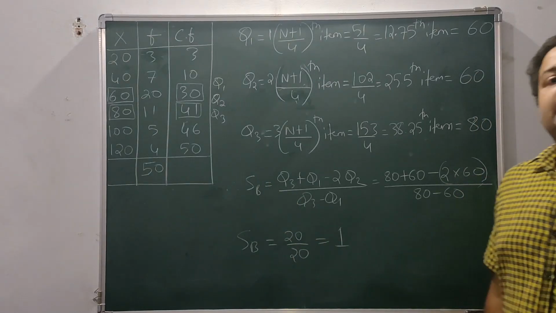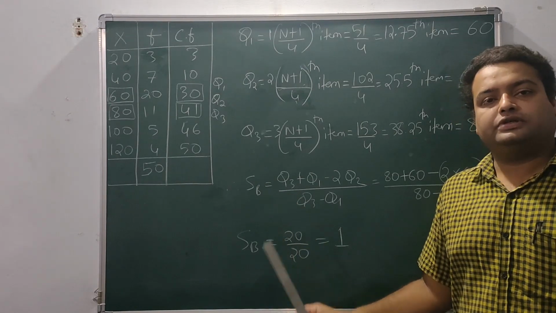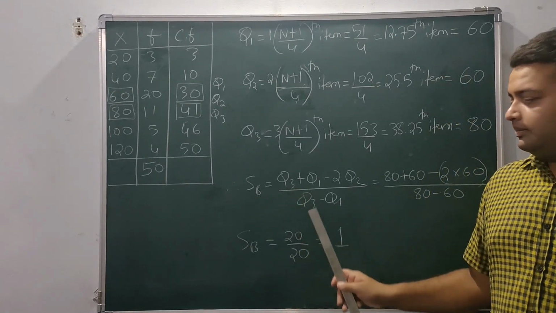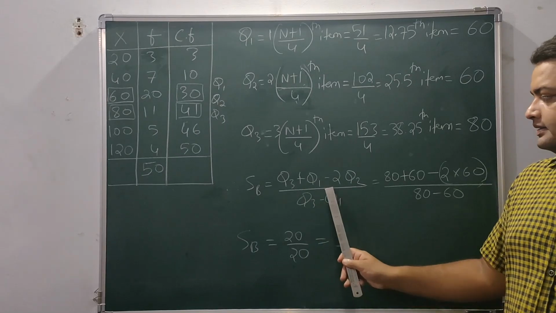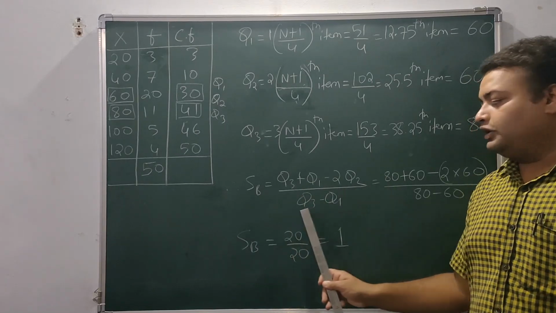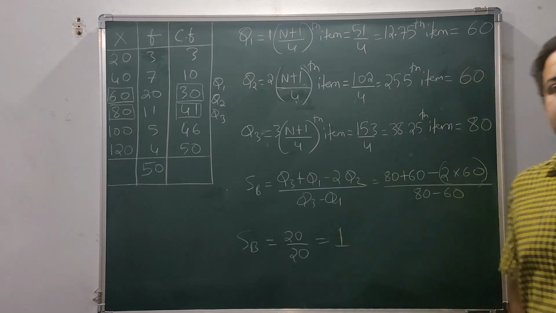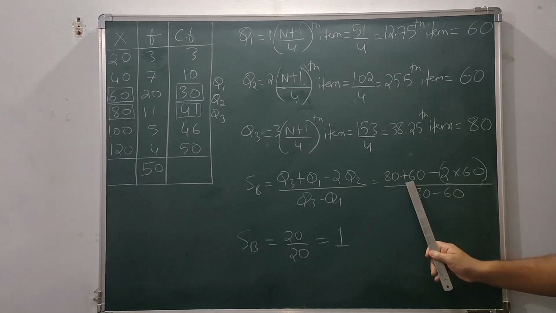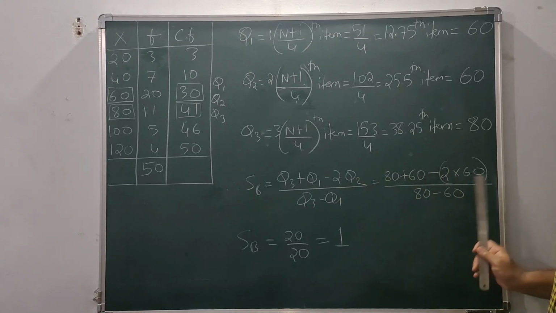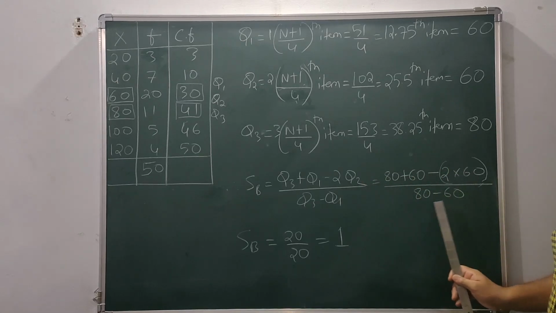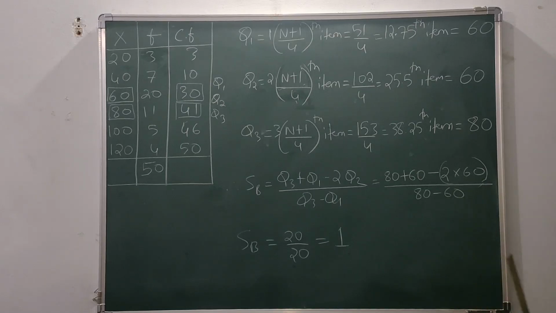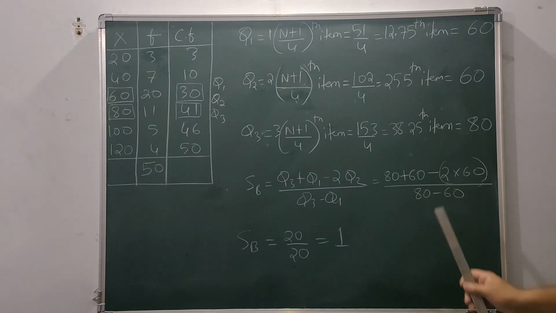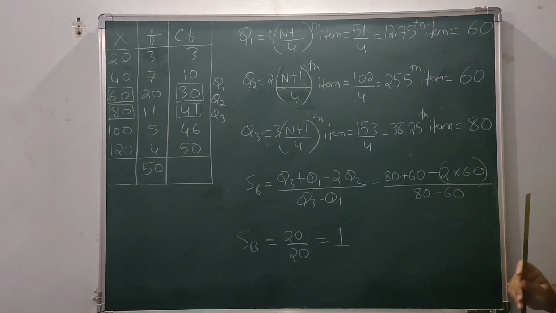Now we shall write the formula of Bowley's coefficient of skewness. It is given by (Q3 plus Q1 minus 2Q2) divided by (Q3 minus Q1). Substituting the values, we get (80 plus 60 minus 2 into 60) divided by (80 minus 60). 80 plus 60 is 140. 2 into 60 is 120.